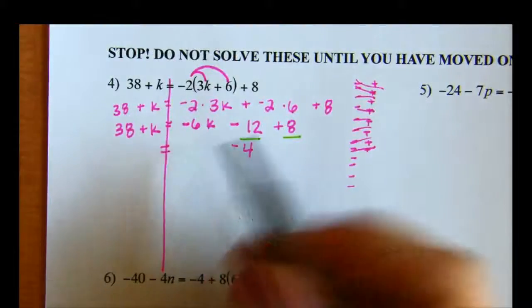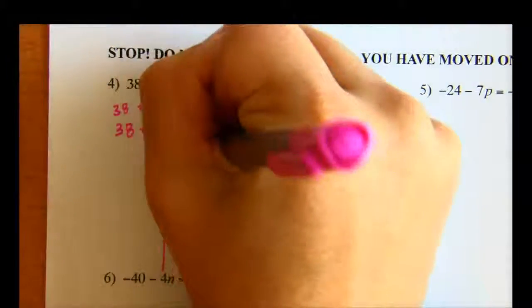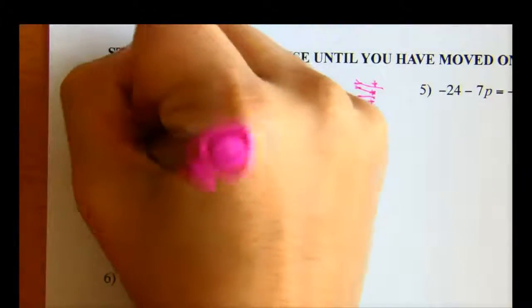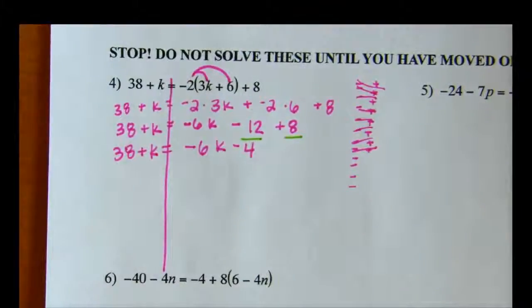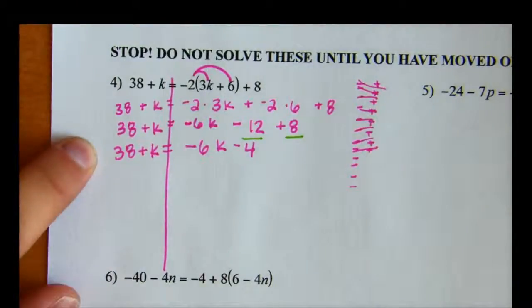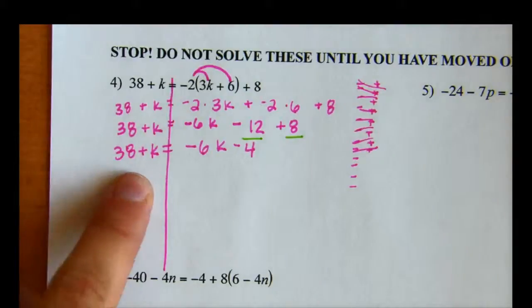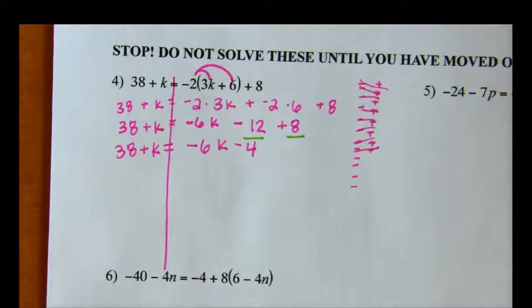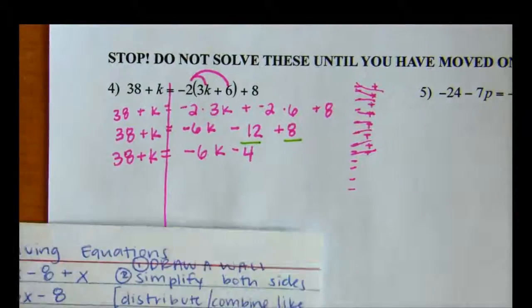And I'm going to bring down everything else. So negative 6k and my 38 plus k. Now looking at this step, is there anything else that we can simplify or combine on one side of my equals sign? Nope, and that's it. Neither of these sides have any more like terms.